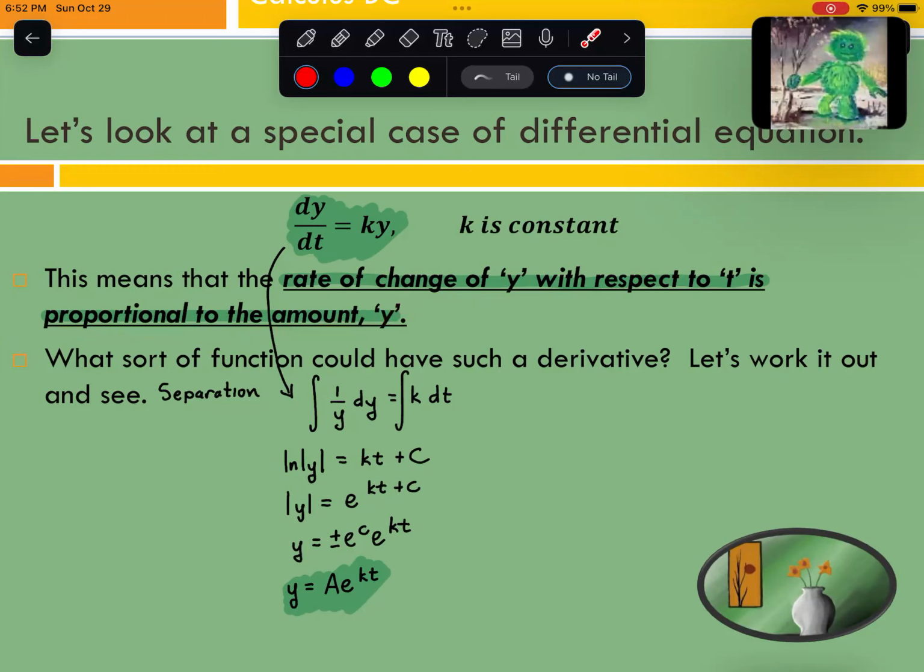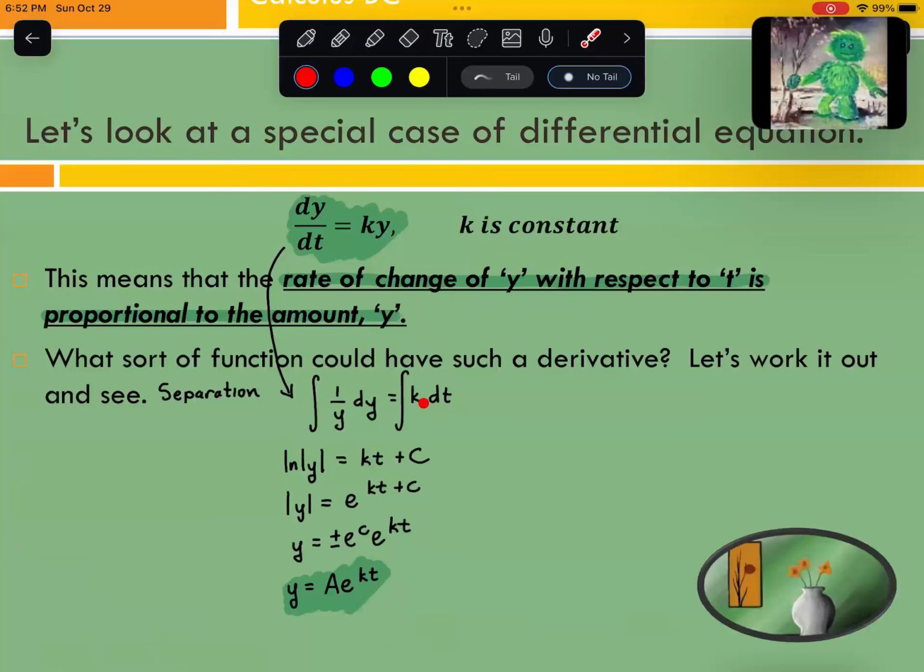So what sort of function is going to grow faster when there is more stuff there? Well, you probably know where this is headed, but we can prove where we're going using our separation technique. Here is that first separation step, y stuff on the left, dt on the right.